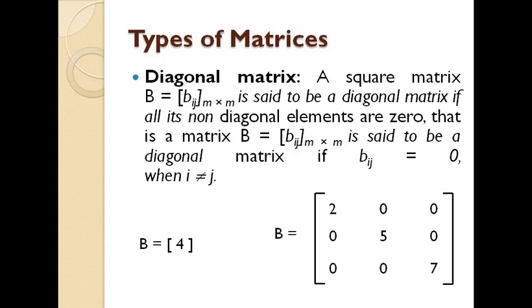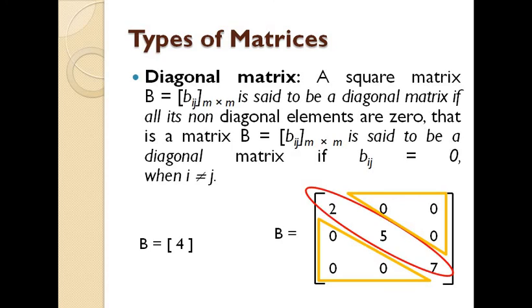Now here in matrix B, if you see, the elements 2, 5, 7 are non-zero, but all the other elements are zero except the diagonal ones. So if a matrix has all the elements except the diagonal elements as zero, it is called a diagonal matrix.